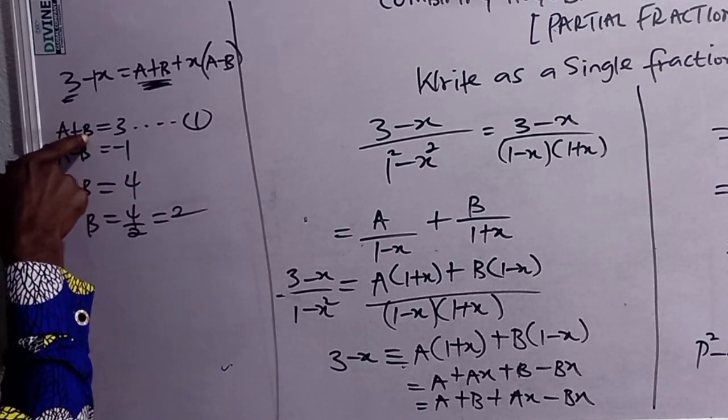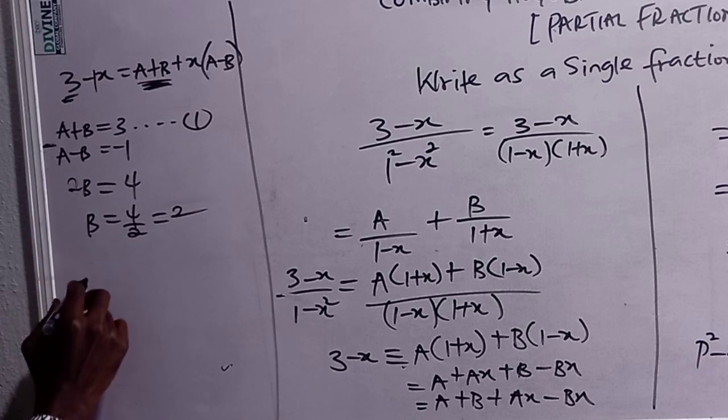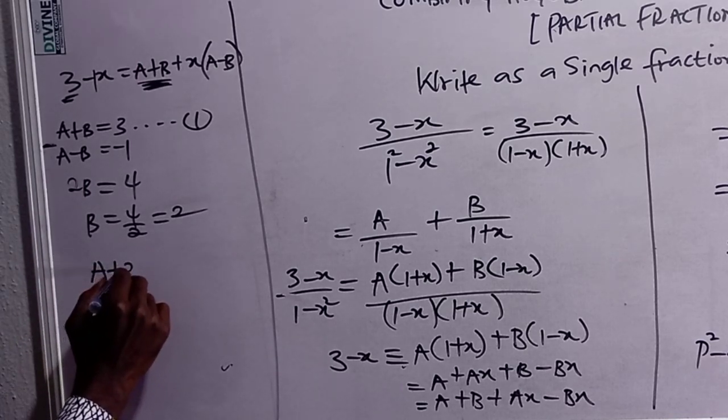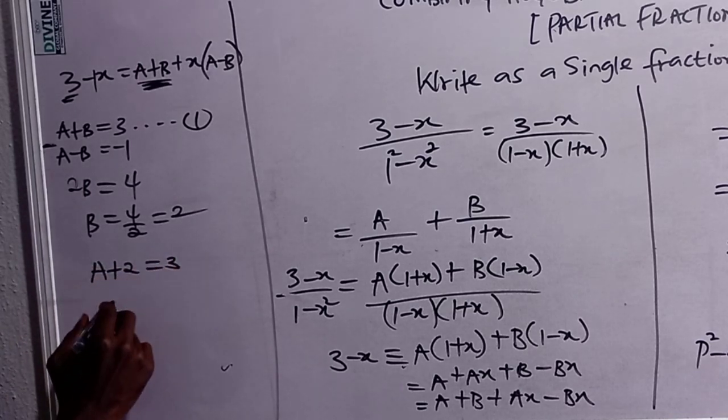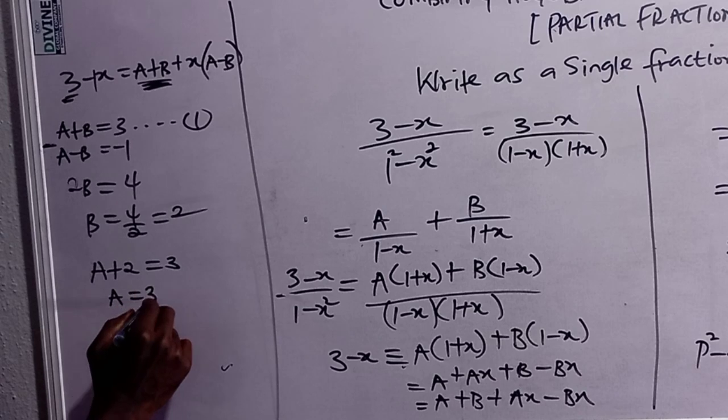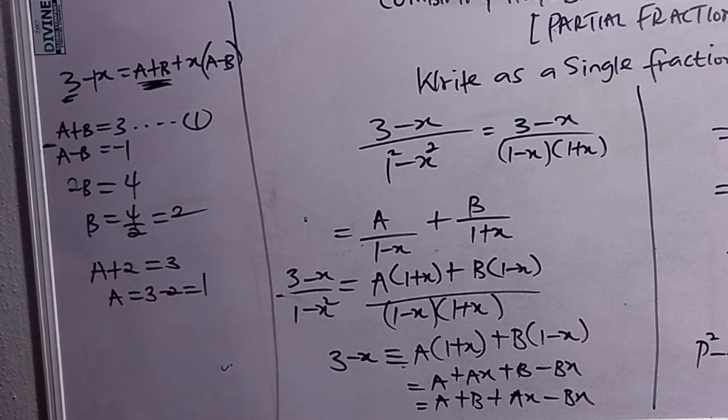If we substitute 2 for b into equation 1, we'll now have a plus 2 is equals to 3. So a is equals to 3 minus 2, which is equals to 1.